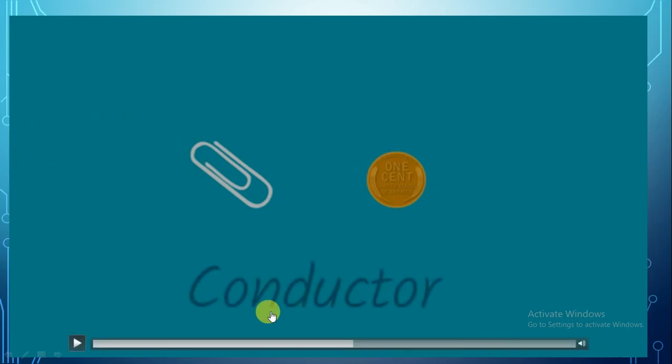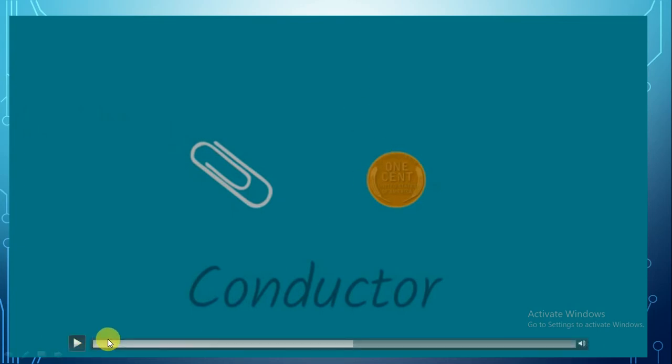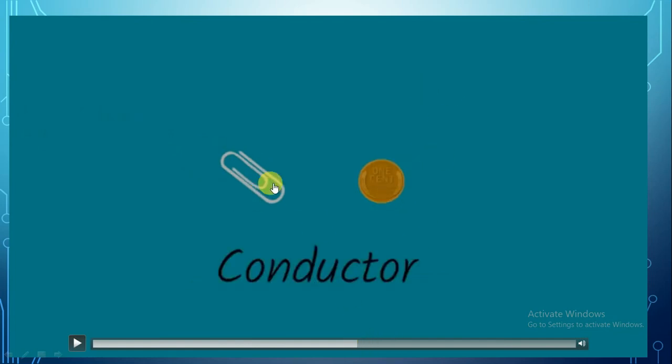So guys, here we talk about the materials and how this material helps to conduct or let the electricity or electric charge move through it. If we look at this coin, this coin lets electric charge move through it, and this pen too, those made up of metals like copper and iron, they let electricity move through them.